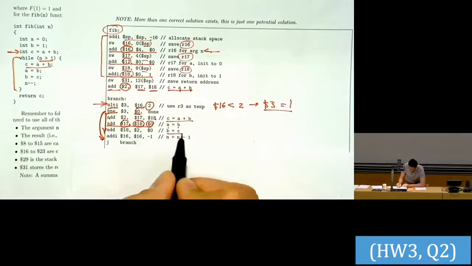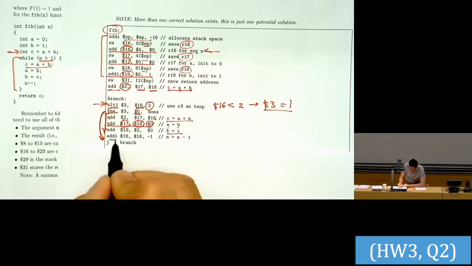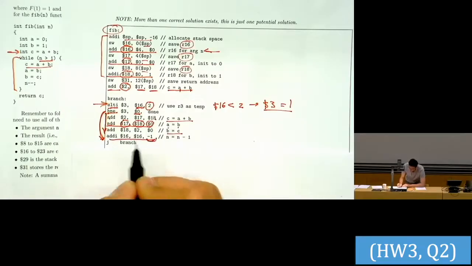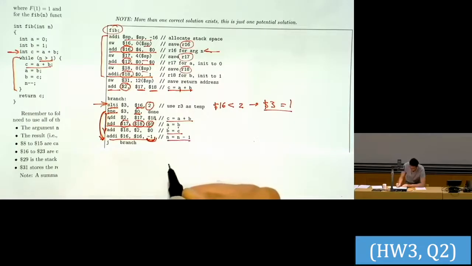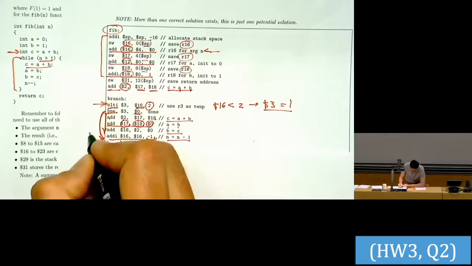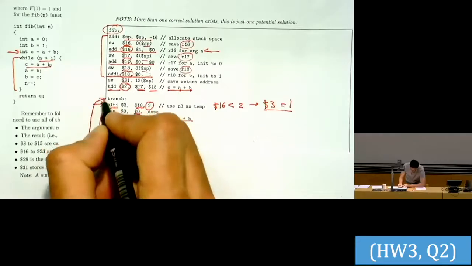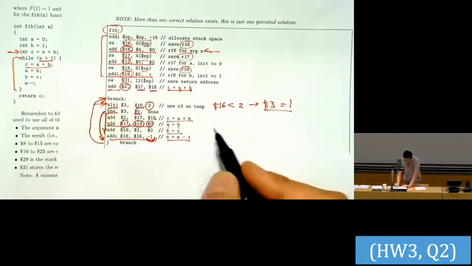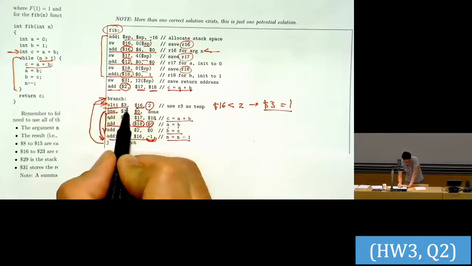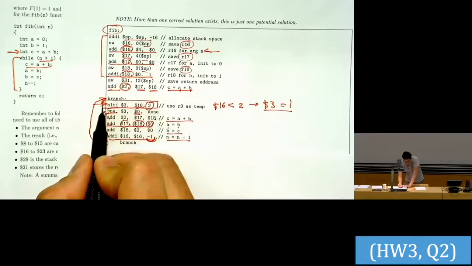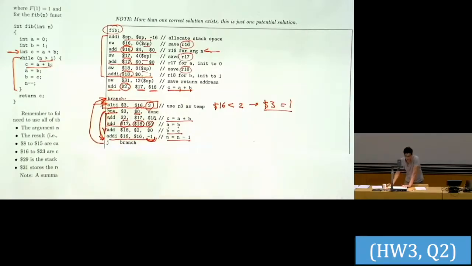We do the same to store C in B, and after that we decrement N, with an immediate addition of -1. Right after that, we have this unconditional branch, this jump instruction, to start again and evaluate the content of register 16 that contains N. So we repeat this as many times as needed.